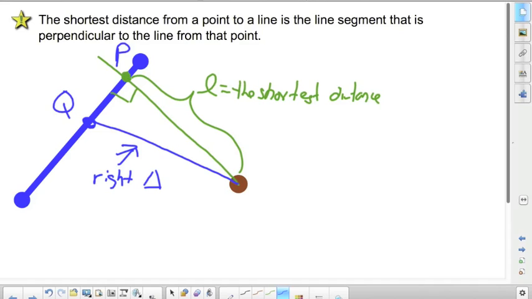What is it that we know for sure, factually, about a right angle triangle? Which is the longest side? The hypotenuse. So in this one, which is the hypotenuse? Right here, this is our hypotenuse. So what we know factually is that H has to be longer than L. But we just said that L was not the shortest side.